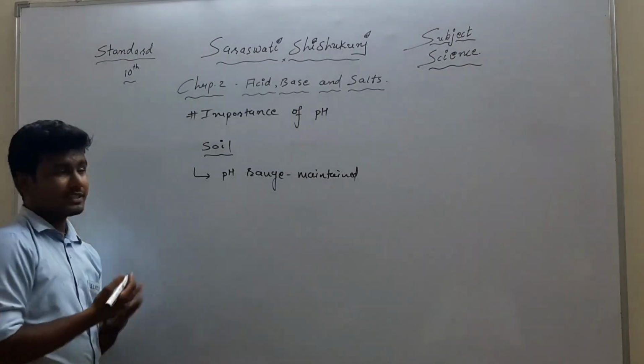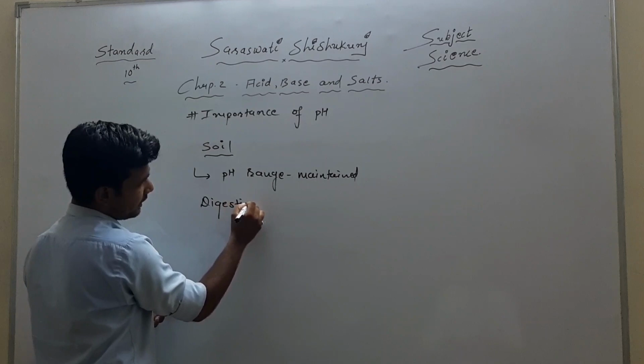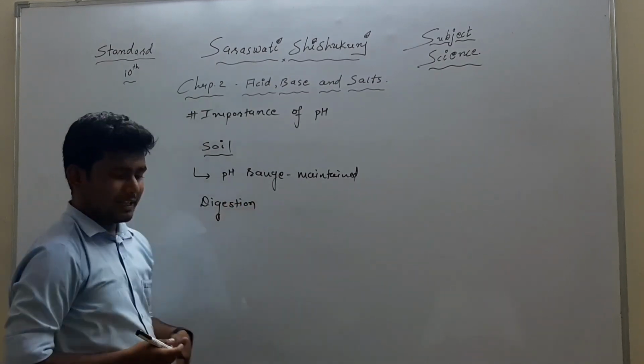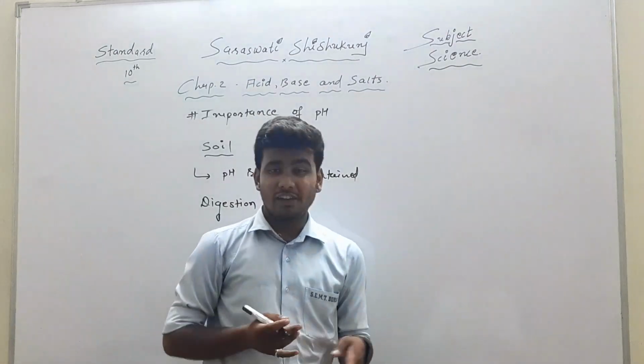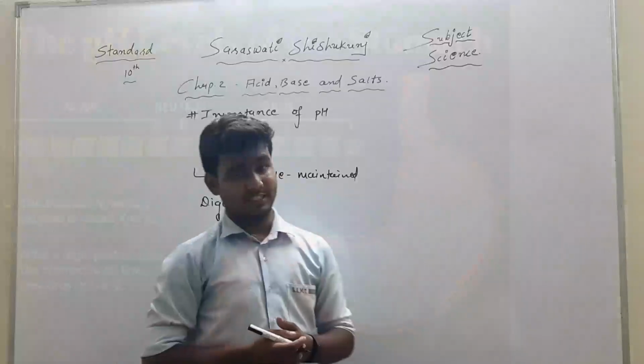After that, we discussed digestion. In digestion also, how is it important? We know that in our stomach there is secretion of HCl, and if that secretion of HCl is increased, we feel irritation in our stomach, which we call acidity, right?